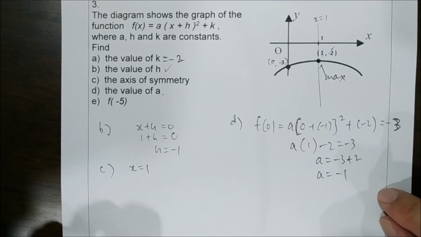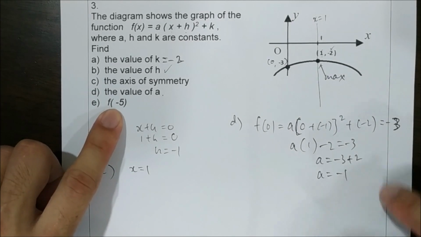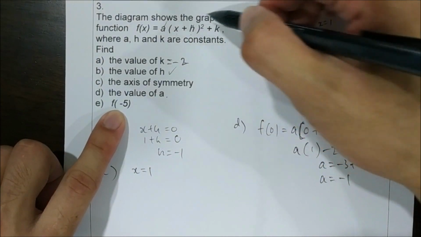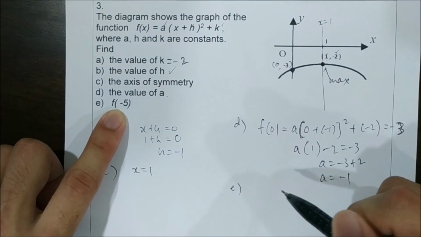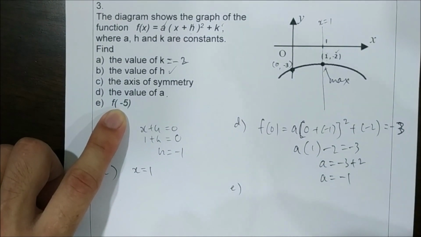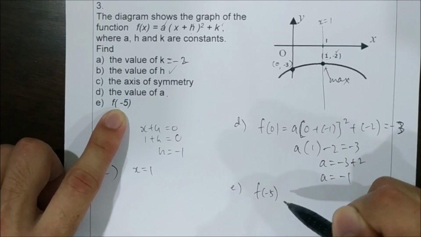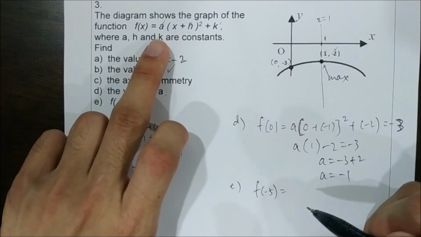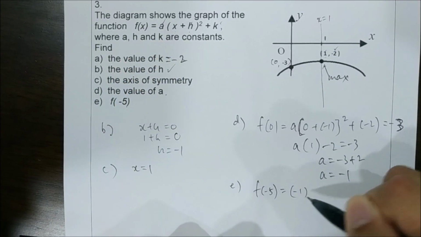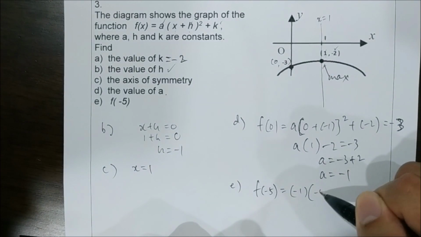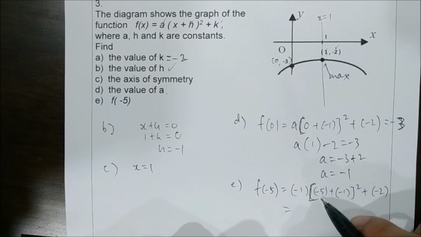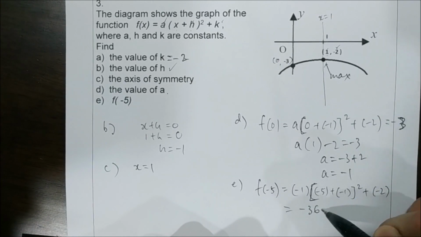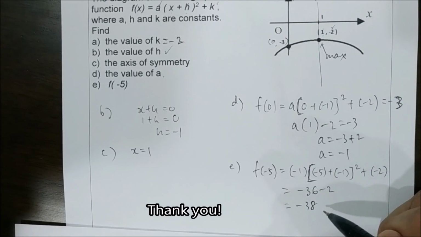And lastly, if we want to find f(negative 5), since we already know the value of a, h, and k, we just substitute in the value of x with negative 5. So f(negative 5) equals a is negative 1, x is negative 5, so the answer is negative 38.